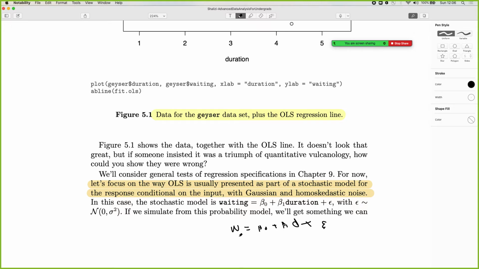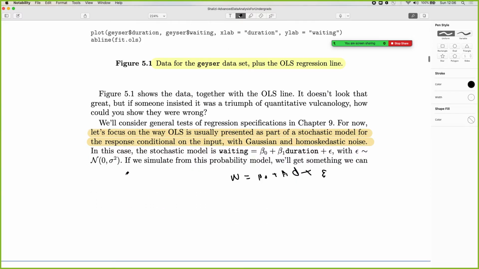W and D are our response and predictor variables respectively, and epsilon is noise drawn from normal 0, sigma squared.